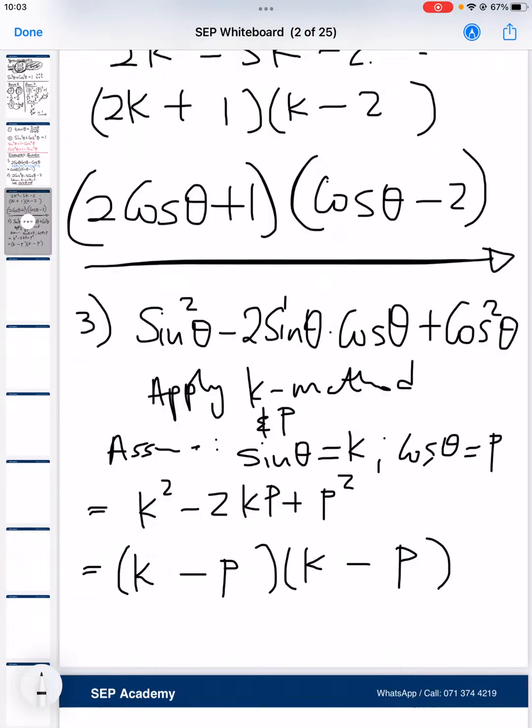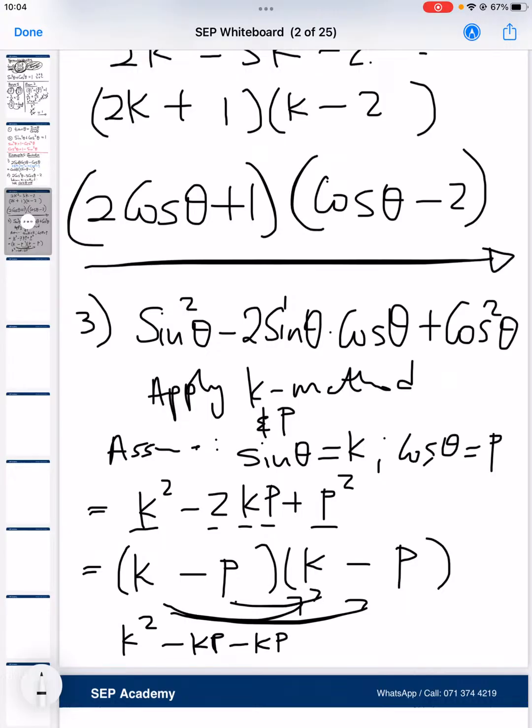The moment you have different letters squared, and in between you have those same letters repeating themselves, remember this way of factorization. You say this by that gives you K squared, that by that gives you negative KP, this by that gives you again negative KP, and that by that gives you positive P squared.